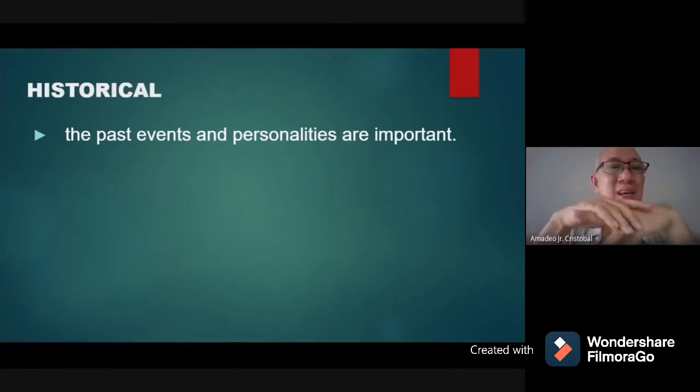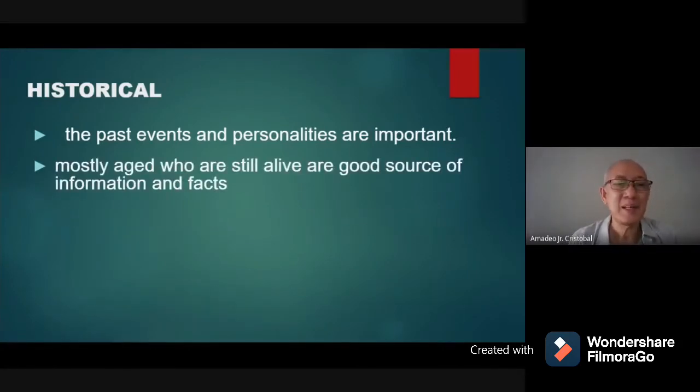So the past events, the personalities, and of course the time or the period are good considerations for historical study. The personalities, mostly aged and still alive, are a good source of information and facts.